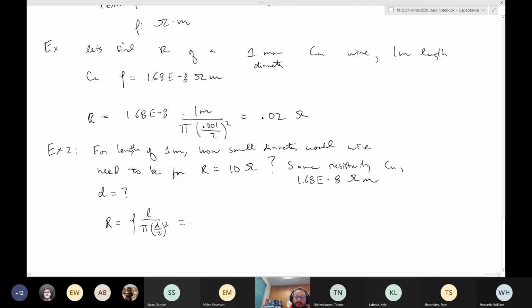So we would need to solve this for d. So maybe we would look at it like rho times length over pi times r squared. Take a square root.